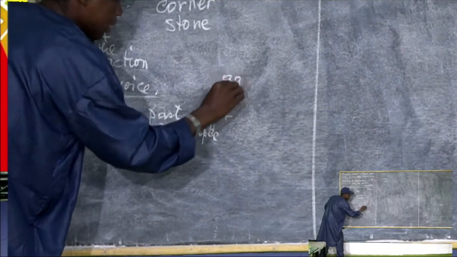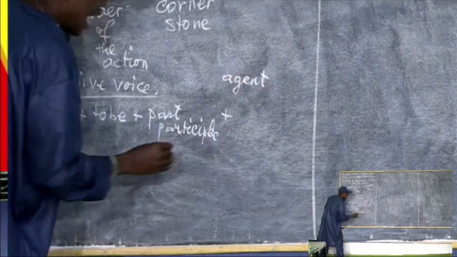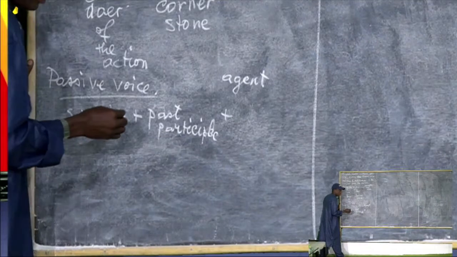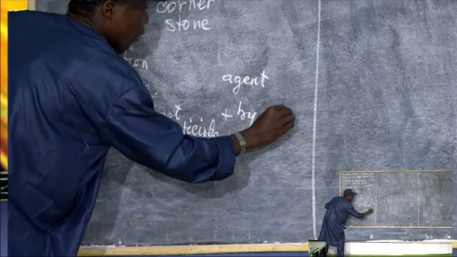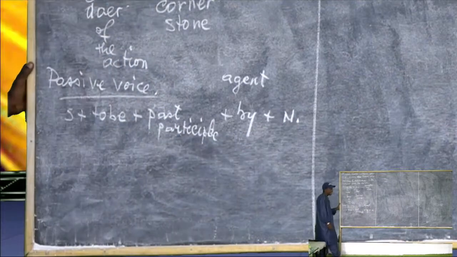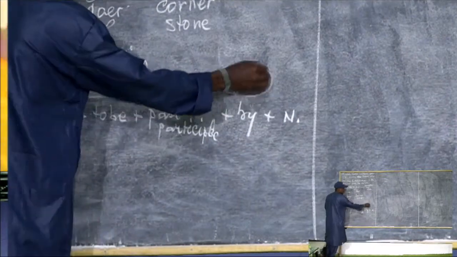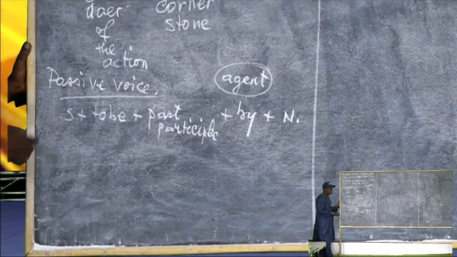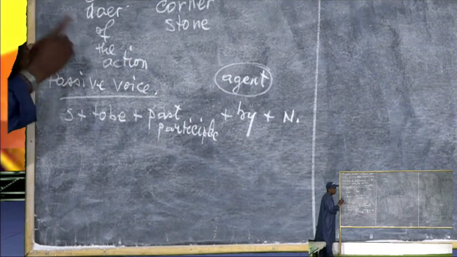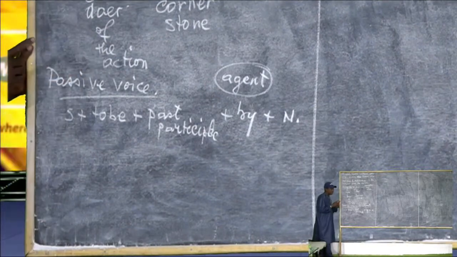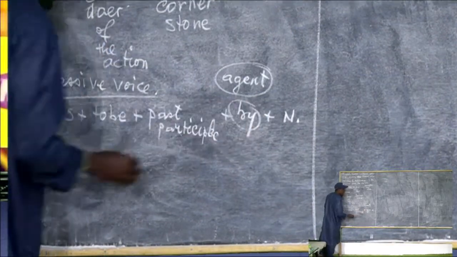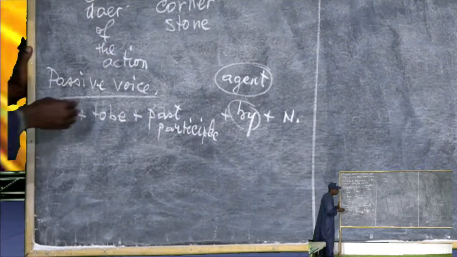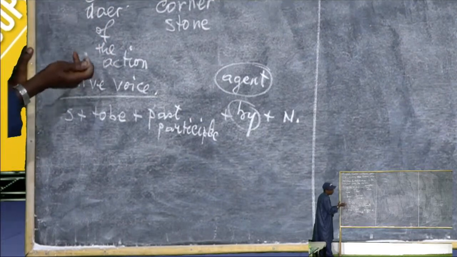This agent is a preposition, and that preposition is by. By plus noun. The passive voice generally uses the agent, the preposition by.